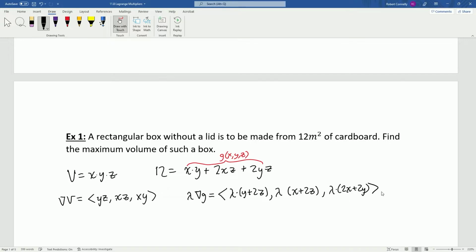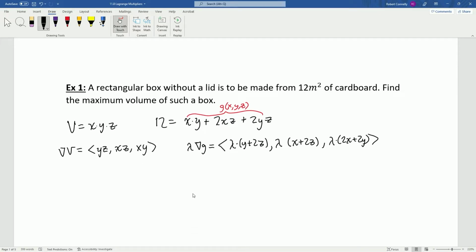Now these two gradients should be equal, so we set each of their components equal. So we get yz equals lambda times (y plus 2z), xz equals lambda times (x plus 2z), and xy equals lambda times (2x plus 2y).